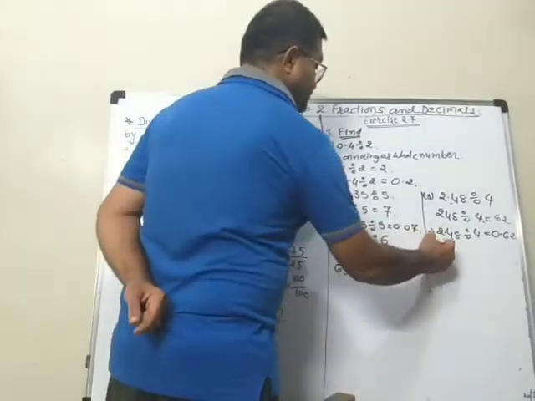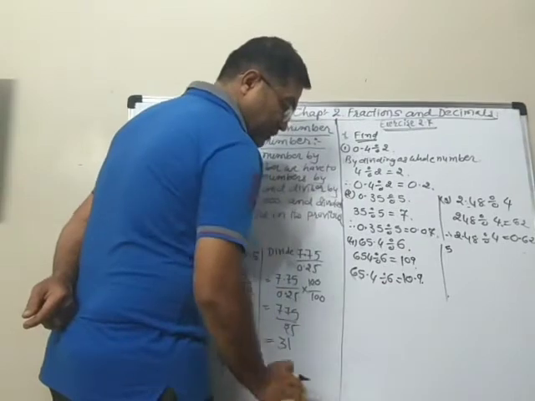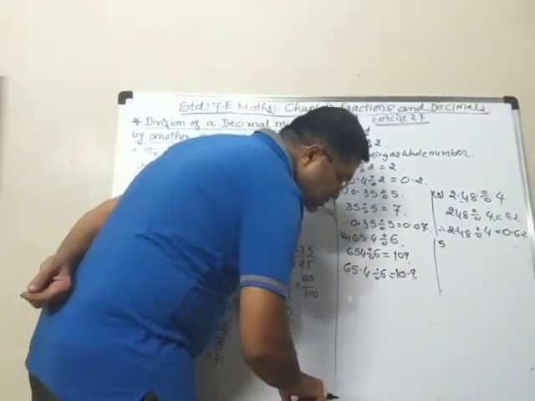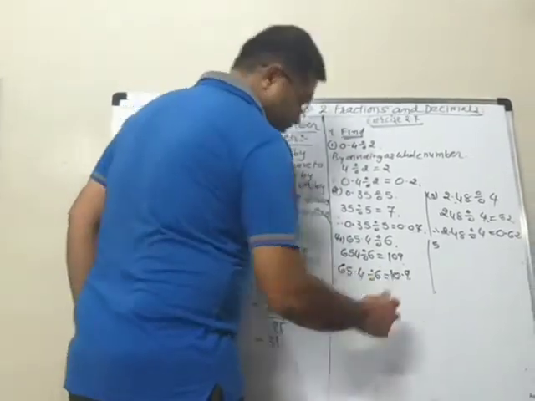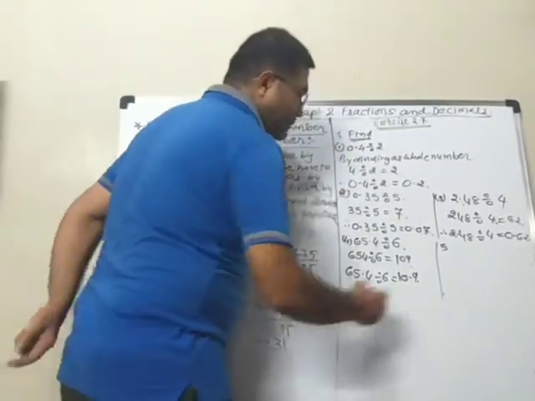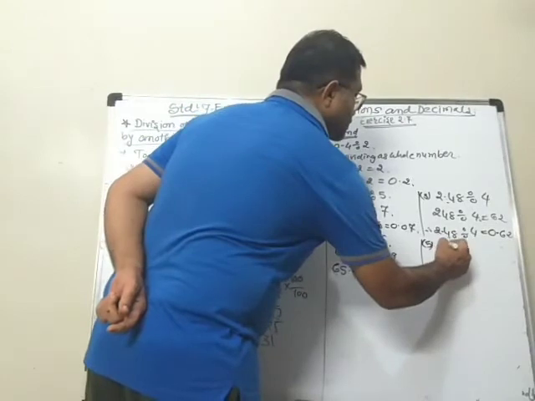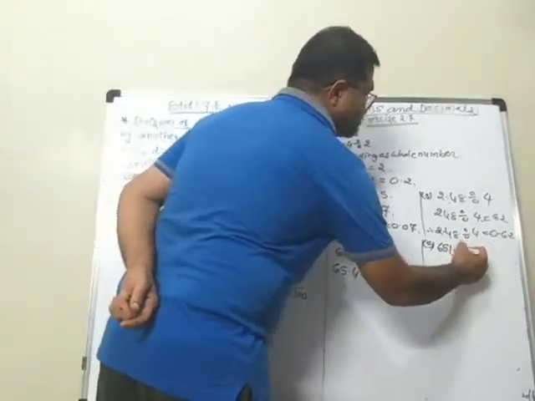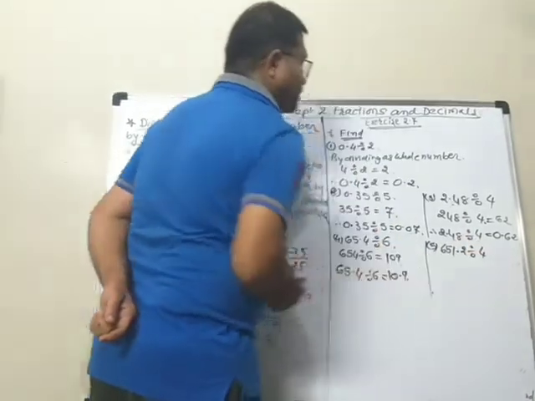Next one, fifth. In the fifth, it is 651.2 divided by 4.